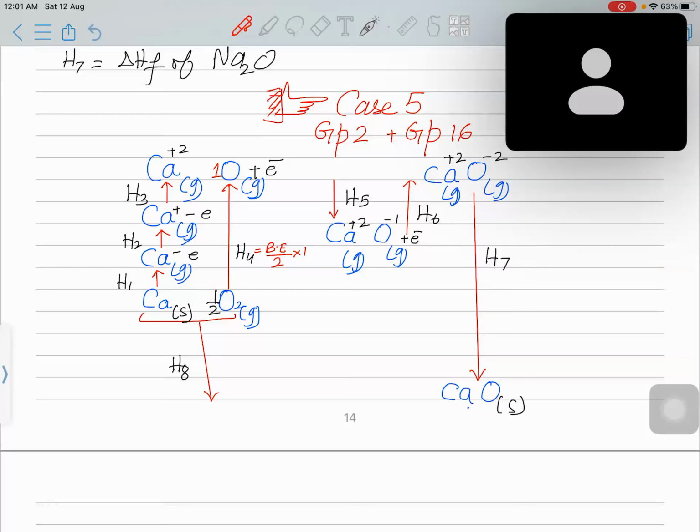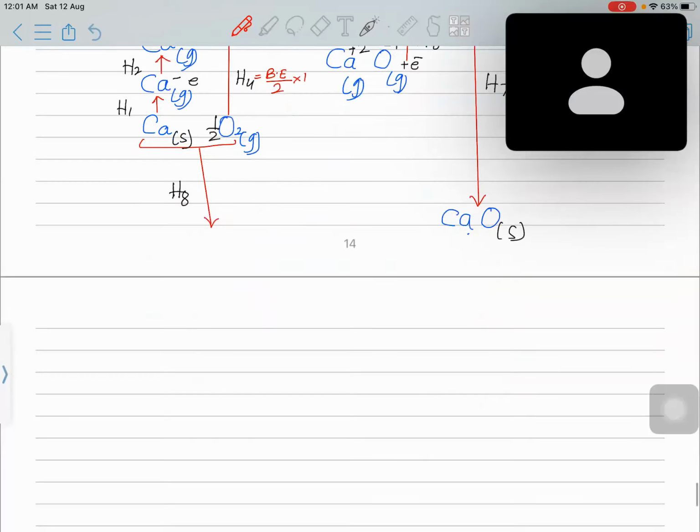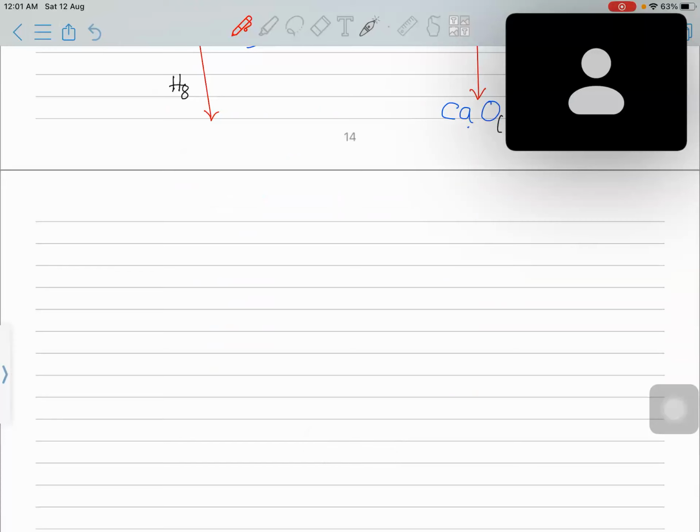And what is H6? Second electron affinity, of O minus. And what is H7? Lattice energy. And what is H8? Enthalpy change of formation of calcium oxide.